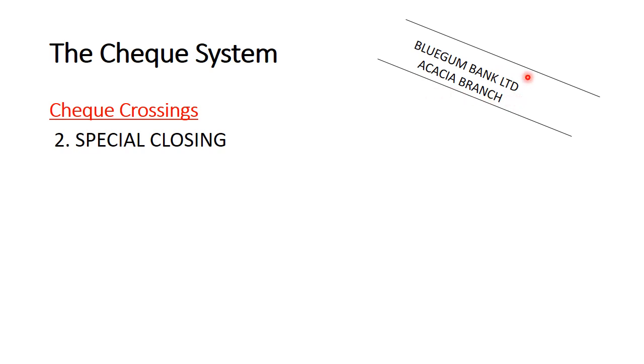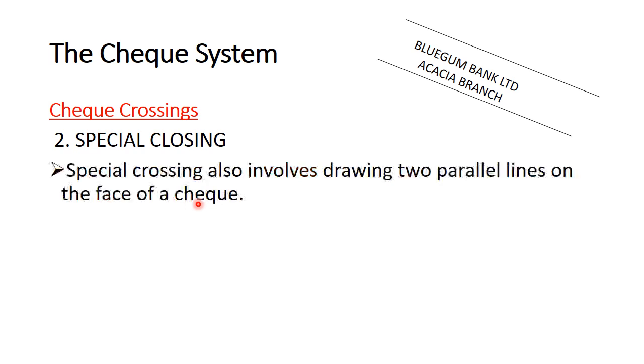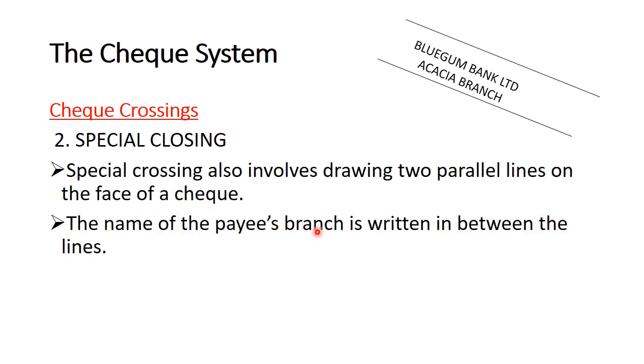So what does this mean? Just like the general crossing, special crossing also involves drawing two parallel lines on the face of a check, but the name of the payee's branch is written in between the lines.